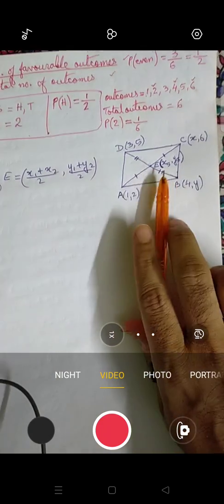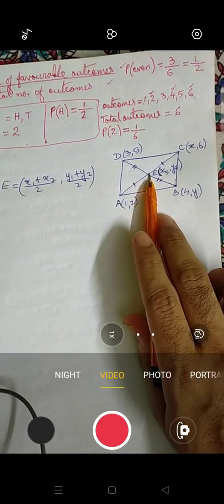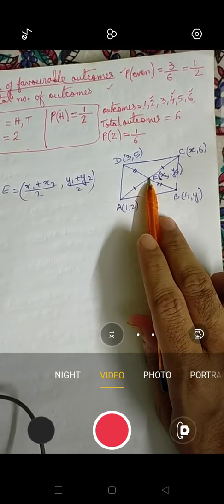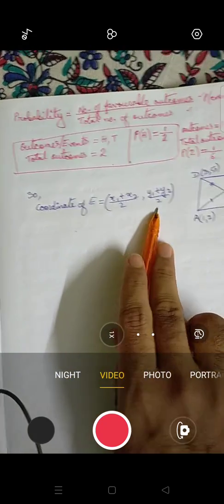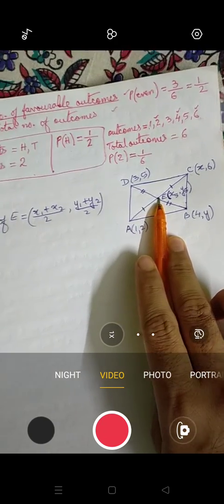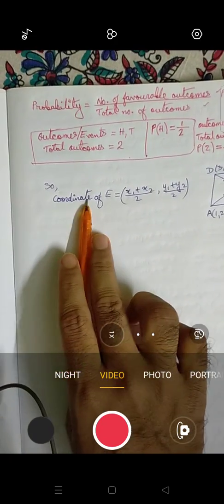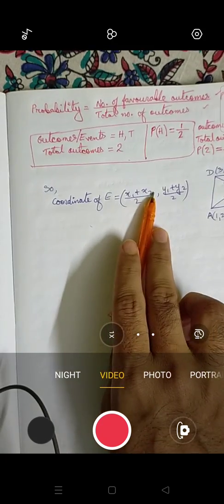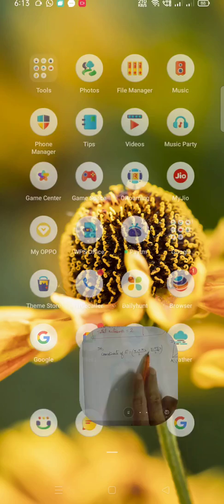E is the midpoint. So we know that if this is the midpoint, the midpoint formula is this one. If we apply the midpoint formula, we will get the coordinate of E. So that's why we have written coordinate of E equals (x1 plus x2 by 2, comma y1 plus y2 by 2).